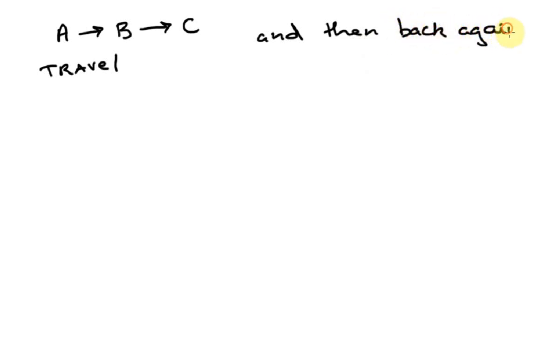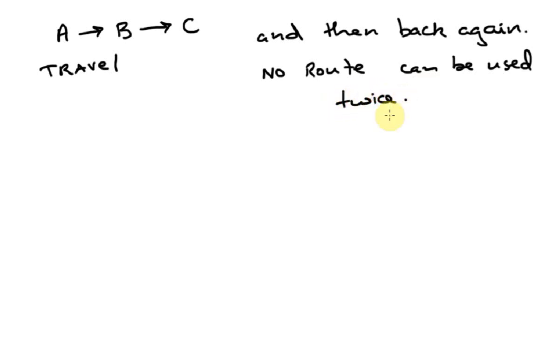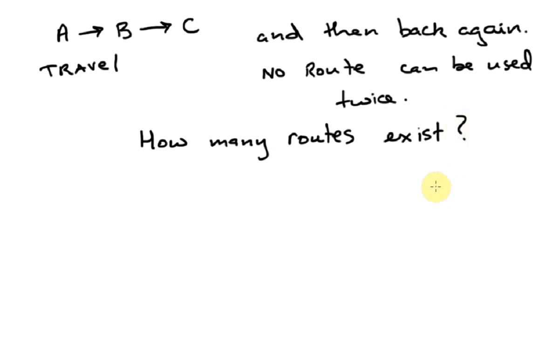But to make our little trip scenic, no route can be used twice. No route can be used twice. That makes sure it's very scenic for this little trip. So now the question is, how many routes are possible? How many routes exist? Now that doesn't mean they're all going to be fun and scenic, but I'm just asking the question, how many routes exist?